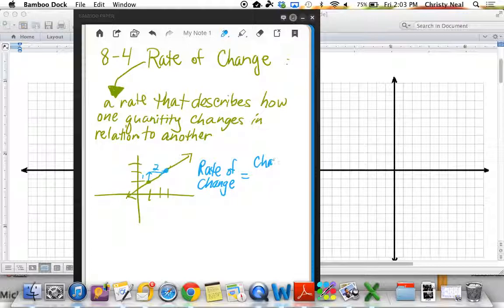So this is important for you to write down. The change in y over, it'll be a fraction, because remember a rate is a fraction, the change in x. So the change in y over the change in x.